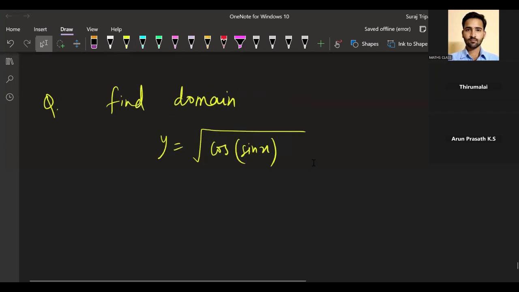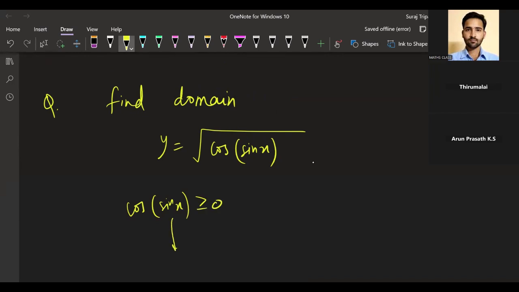First of all, because the root is given, cos of sin x should be greater than or equal to 0. The value of sin x is from -1 to 1. So for the function cos, the range of sin x becomes the domain of cos.